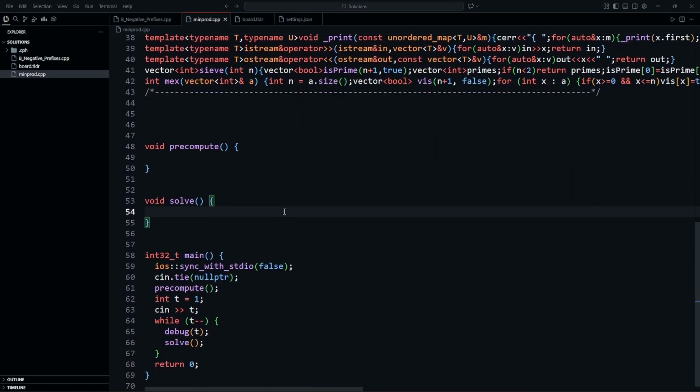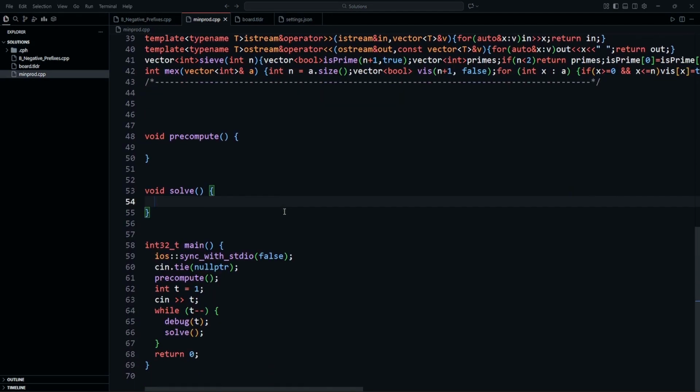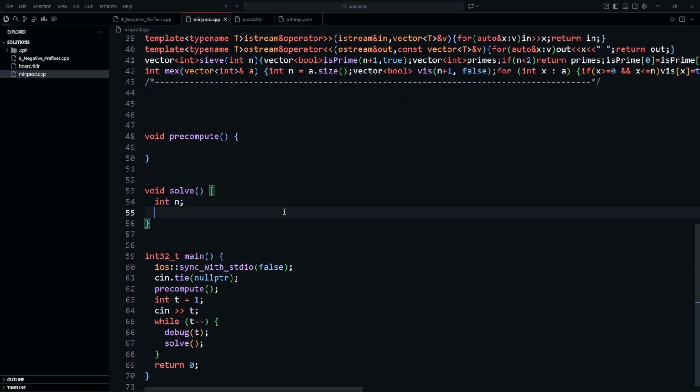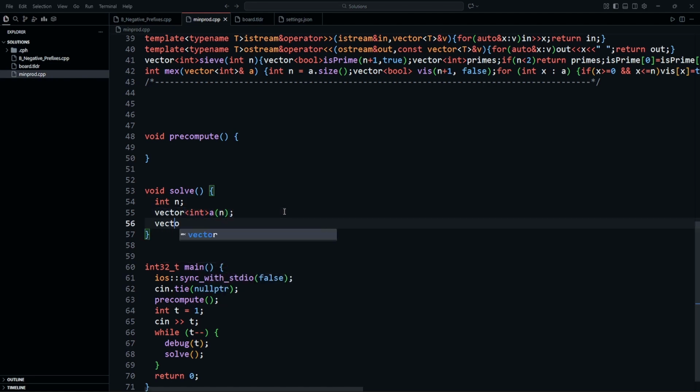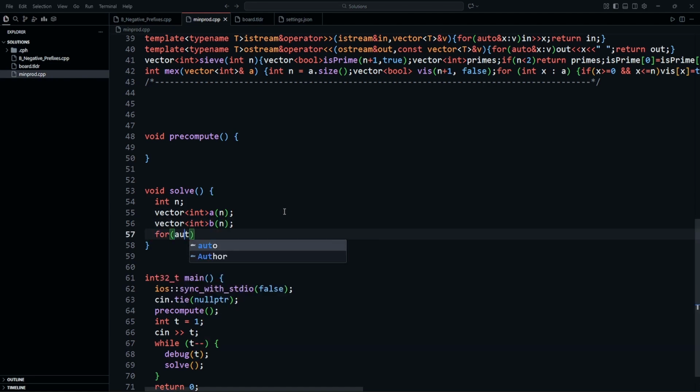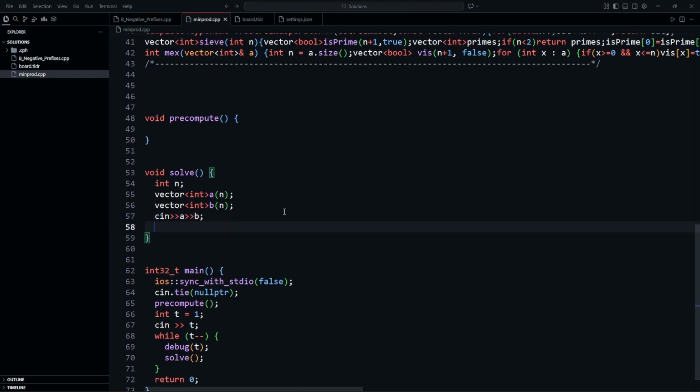So if I try to write code for this, not to waste time, let me take this template. Basically I would take int n, one vector int a of size n, and one vector int b of size n, and I would take these vectors. In my template, I can directly do cin in a and cin in b. That's a great thing about my template.